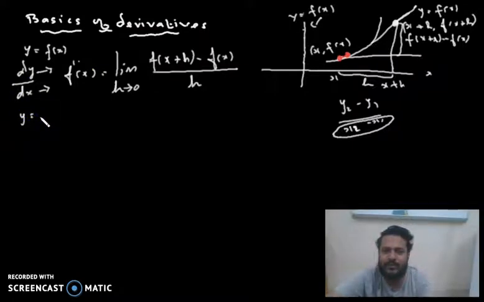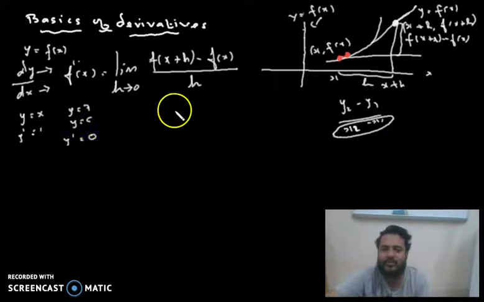Y is equal to x, and the derivative y dash is equal to 1. Y is equal to a constant function, for example 7, or y is equal to c. The derivative becomes 0. Why? Again, go back to your graph.